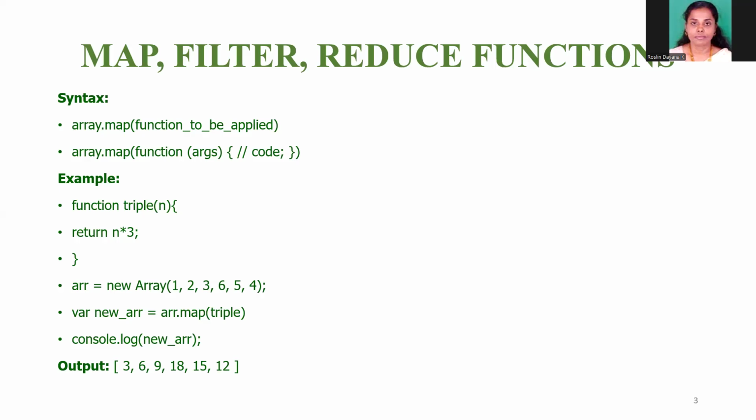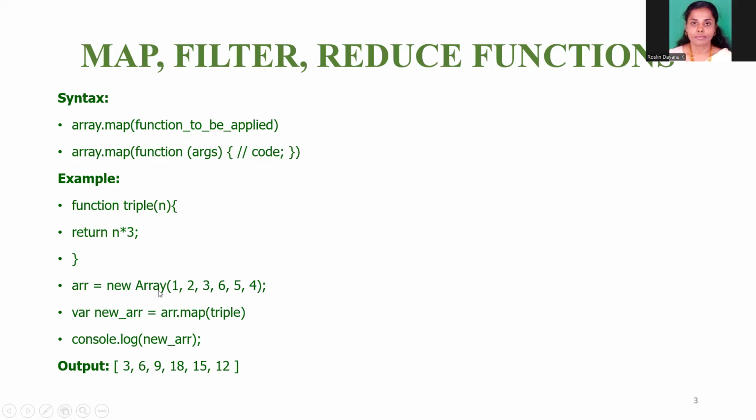The syntax is array dot map of the function to be applied, or array dot map of a function with arguments and a set of code. It may be a single line mapping, or the statement may be multiple lines also. Example: function triple of n returns n into 3.